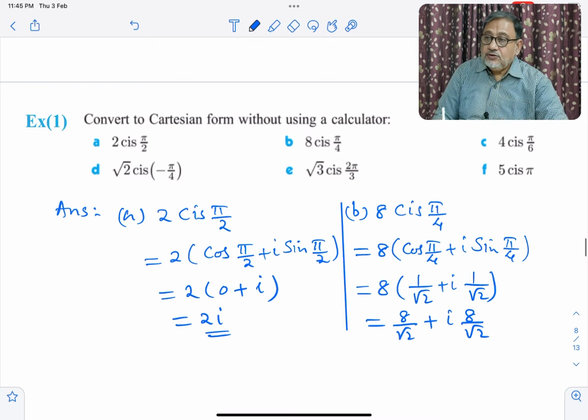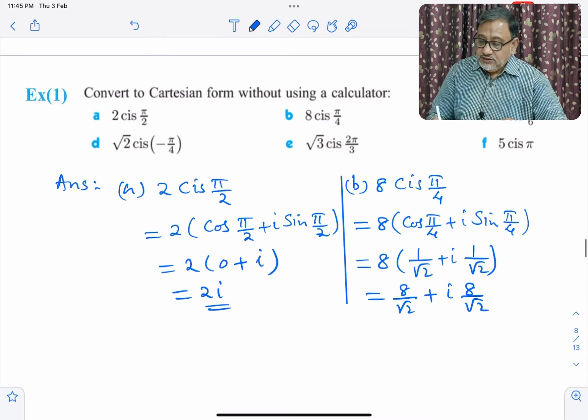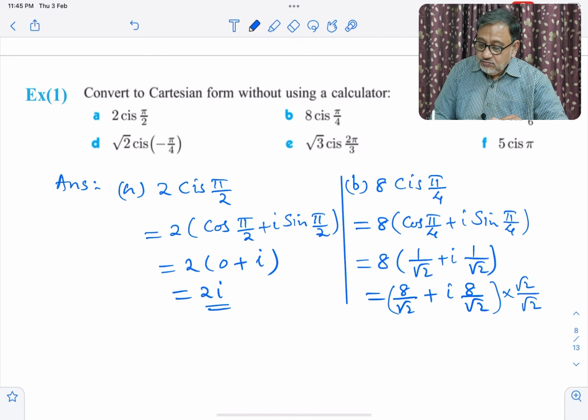Now you can rationalize this by multiplying by root 2 in the numerator and the denominator. So the denominator will be 2 and the numerator will have root 2. So 8 root 2 by 2 plus i 8 root 2 by 2.